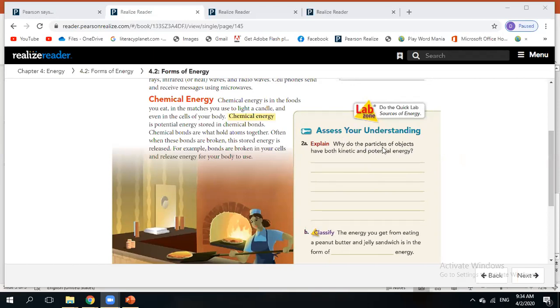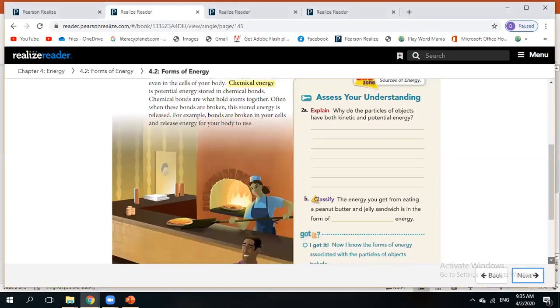These particles are continuously in motion, so they have kinetic energy, and they have a specific arrangement, so they have certain positions. So they have potential energy. Since they are constantly in motion, they have kinetic energy, and they also have potential energy as a result of their specific arrangement in the object.